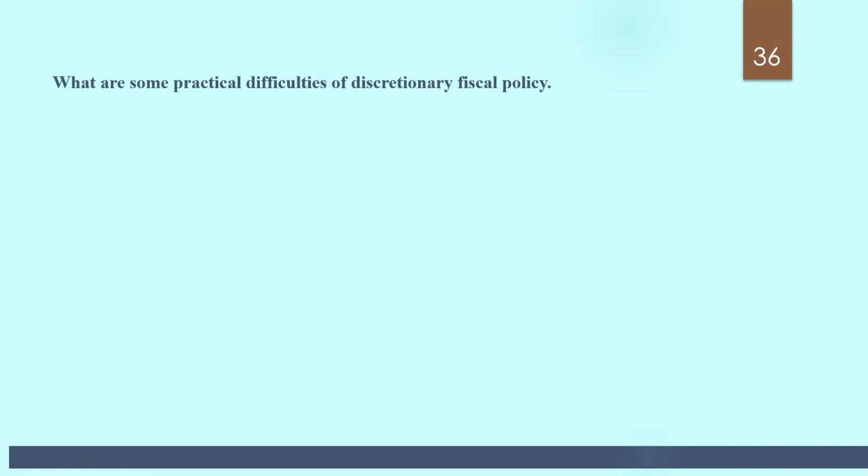So what are some practical difficulties of discretionary fiscal policy? That's the government bailouts that happen during a recession. What are some difficulties of government bailouts? Is one of the bailouts printing money, and then you can get inflation if you print too much?